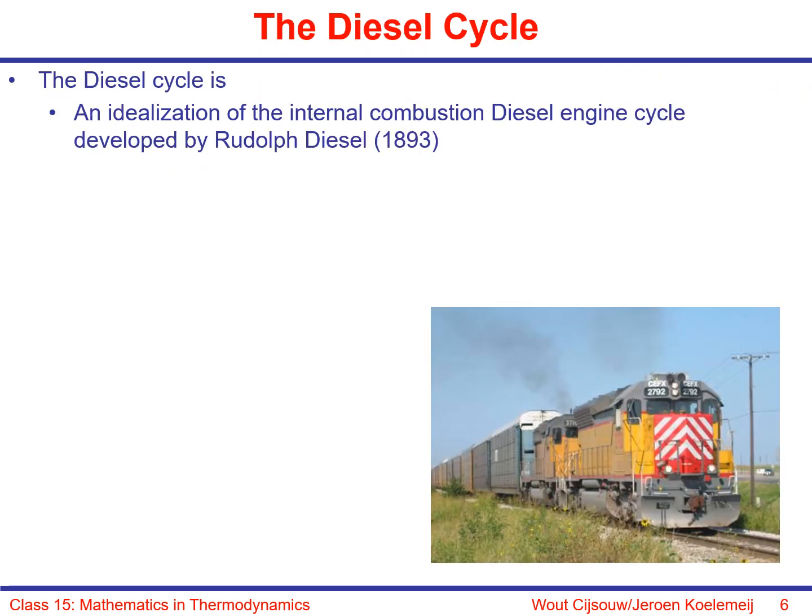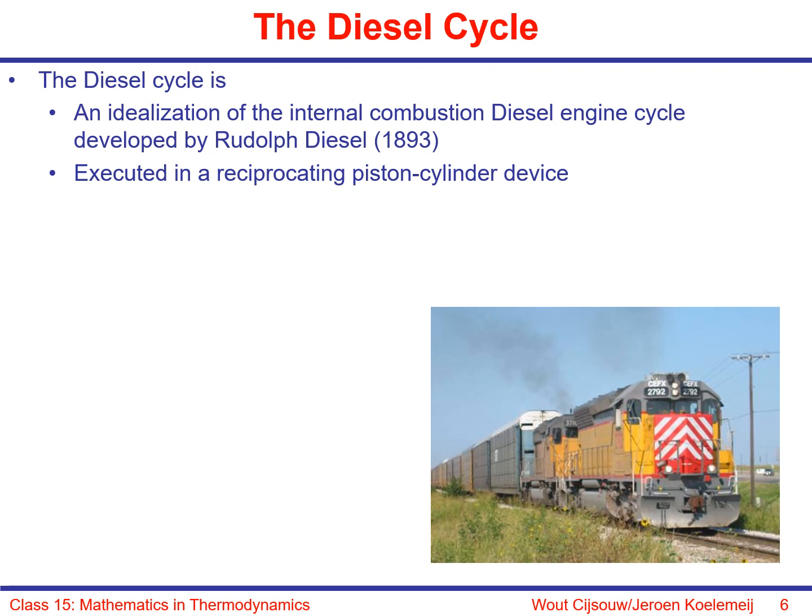Now about this diesel cycle. What is it? Where does its name come from? Well, it was invented by someone called Rudolf Diesel in 1893. So this is another one of these 19th century thermodynamics geniuses. And the diesel cycle, the way we will discuss it today, is an idealization of the internal combustion engine cycle of the diesel engine.